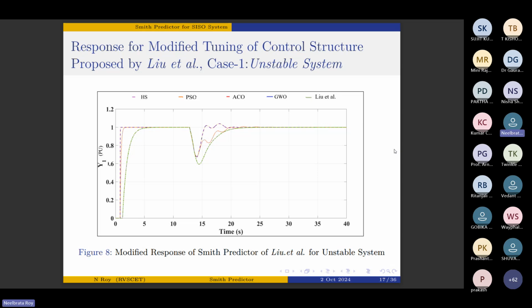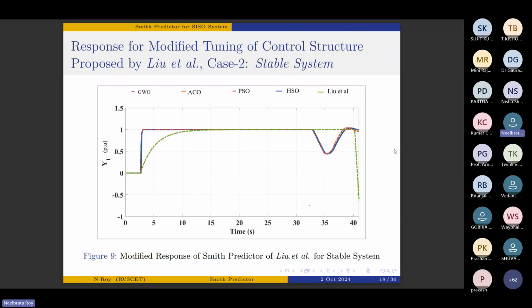The work proposed by Liu et al. was only used for unstable systems, but we have used the same controller structure for a stable system. We can see that our plant rejects the disturbance much faster than Liu's, but as the disturbance enters in the method proposed by Liu et al., the controller becomes unstable.